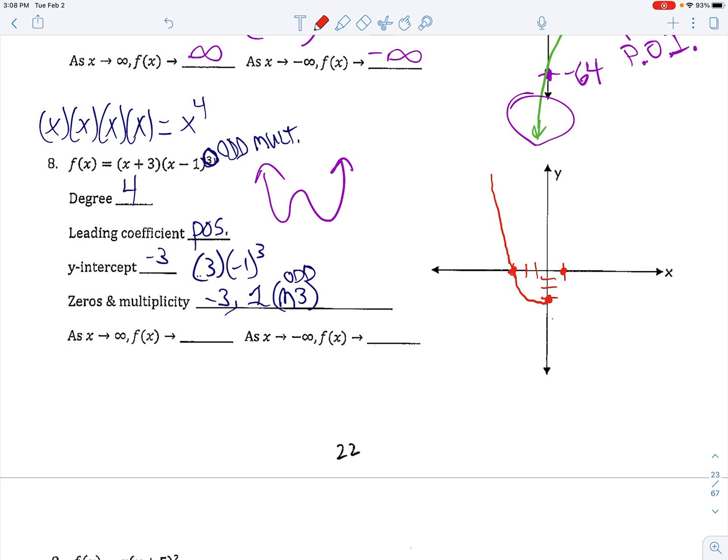Then it's going to go to the next point, which is x equals 1, that root. Now remember, that's where you have odd multiplicity, that's where you have your point of inflection. So it's going to come up, sort of level out, and then go straight back up.